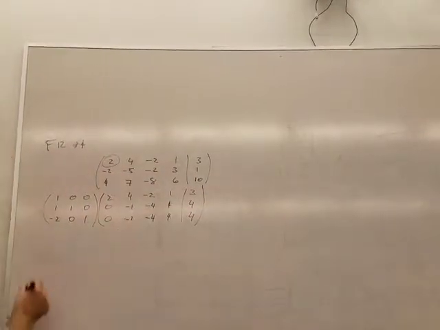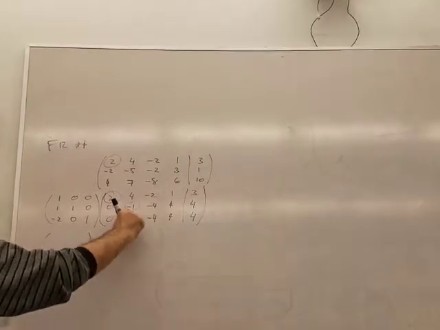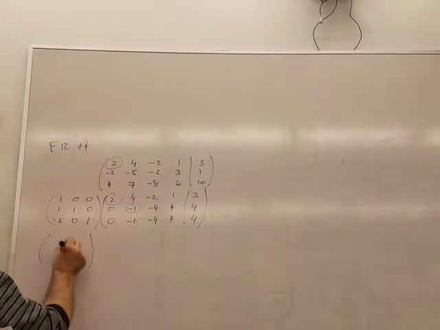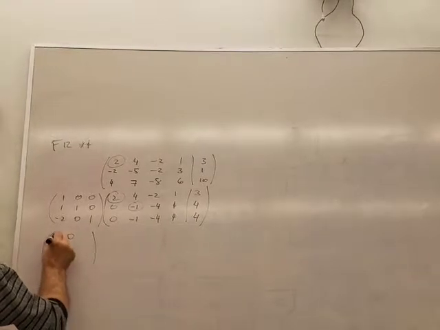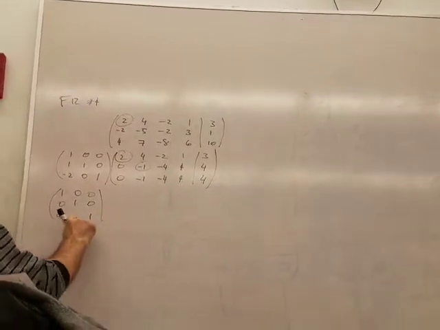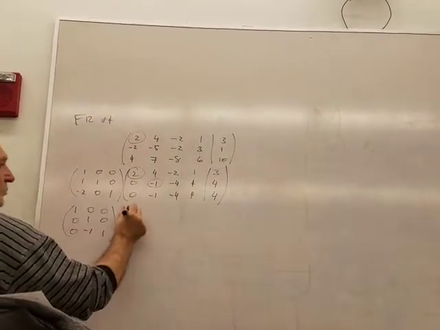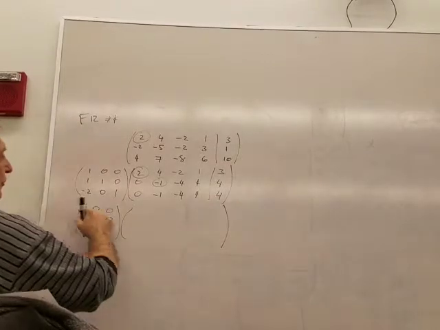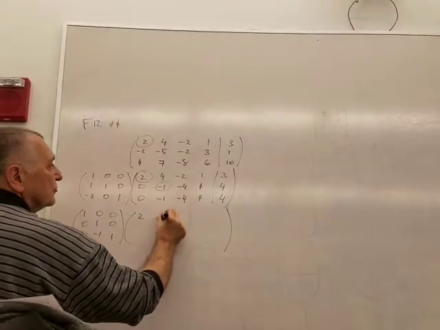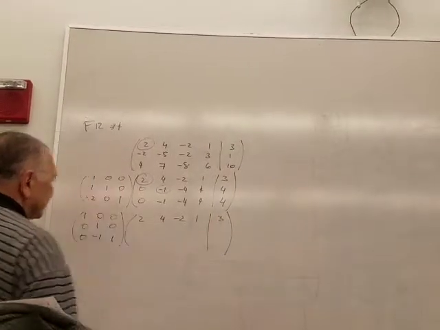See what's happening? So here's my pivot. Here's the next pivot. Pivot is now in the second row, therefore second column, and everything else is the identity matrix. So this number, to get rid of this one, plus 1 divided by minus 1 is minus 1, and therefore, copy in the first row, 2, 4, minus 2, 1, right-hand side 3.